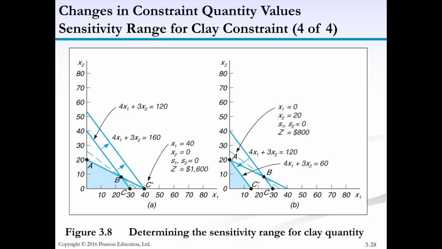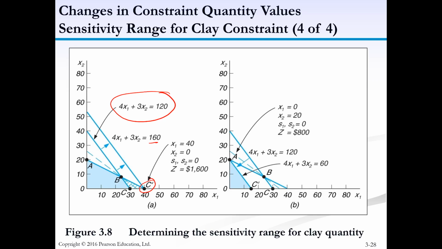The original value was 4x1 plus 3x2 is equal to 120, and the optimal point is B. If we increase the value to, let's say, 160, point B will start moving until it comes to C prime, and at that new point we will have a new solution variable mix. We have x1 is equal to 14 and x2 has become 0.